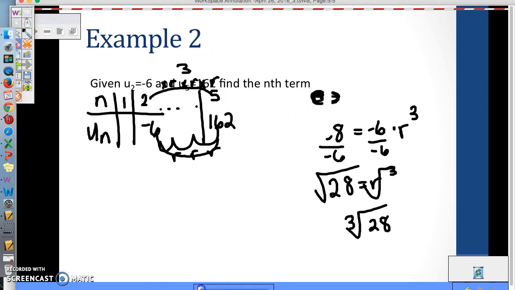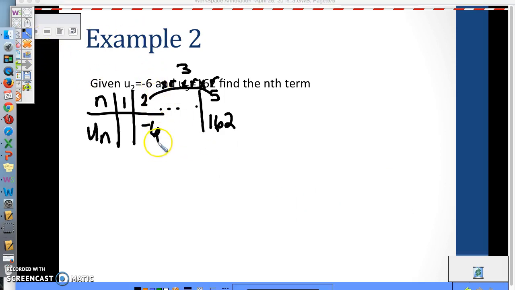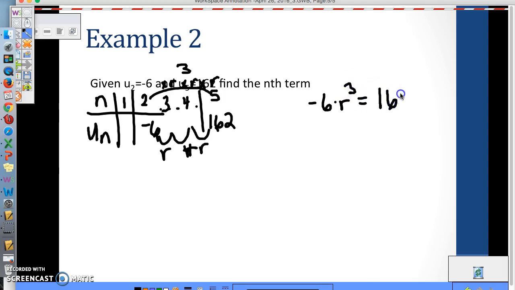Let's make sure this thought process is right. So, if we start at -6 and we multiply by r, we'd get our third term. By r again, we get our fourth term. By r again, we get our fifth term. So -6 times r cubed gives us 162. That's it. So we're not finding the difference there, just how do we get there?